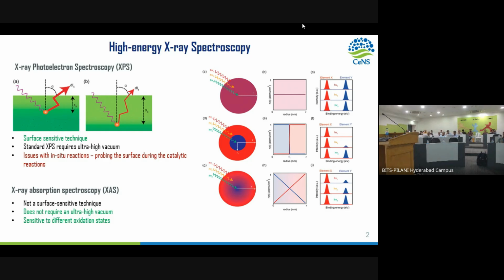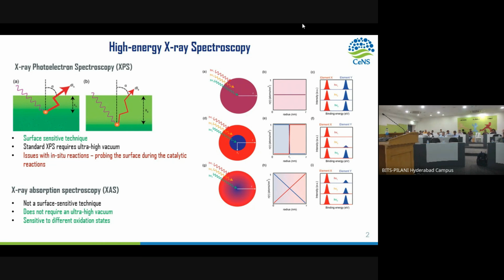X-rays are sensitive to different oxidation states of the system. You can collect the XANES region, which nowadays at beam lines can be done in probably a millisecond, so you can really probe the reactions in situ.